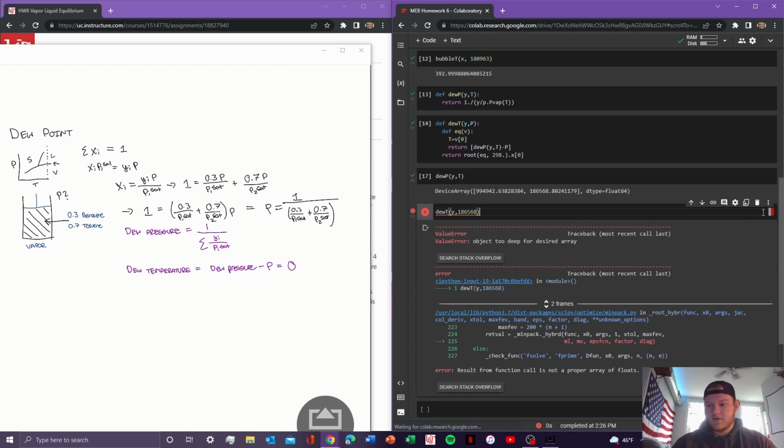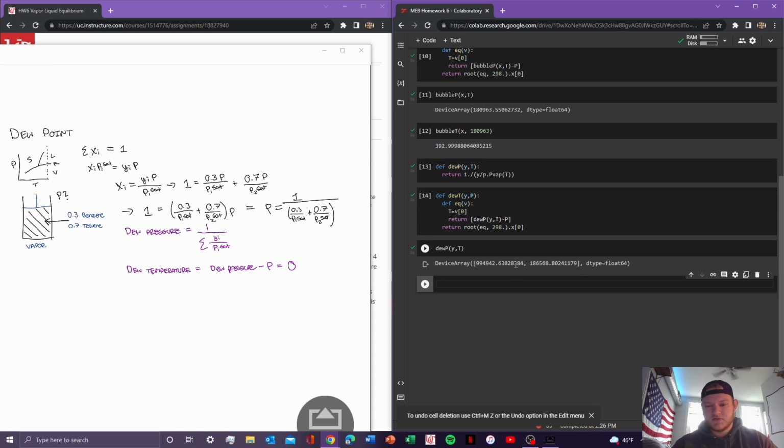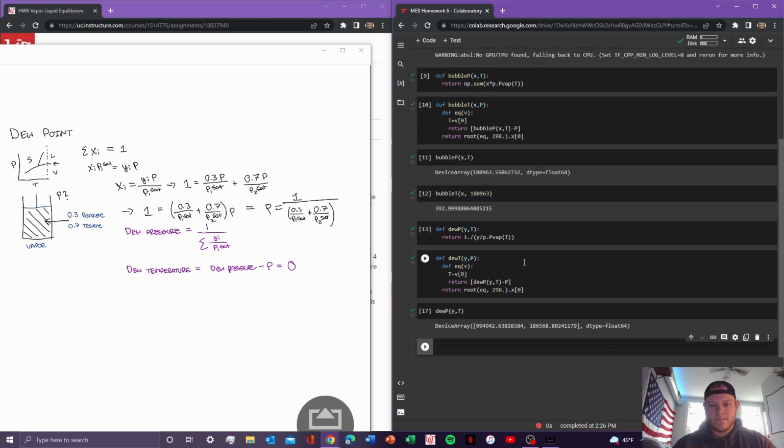Alright, we made a mistake. Let's figure it out, because this should only spit out 1 number. Oh, I know what it is. So, this does need to be the sum of all of the different components. I just noticed because I looked up here at this one.